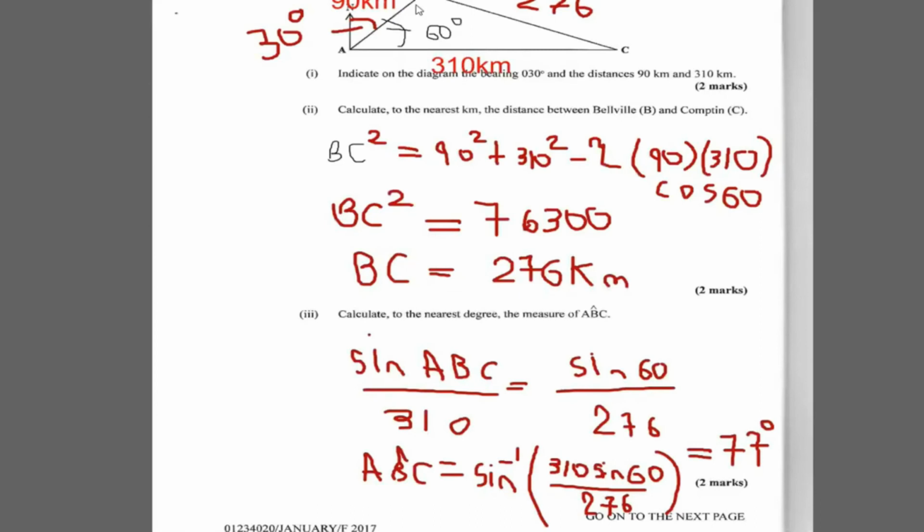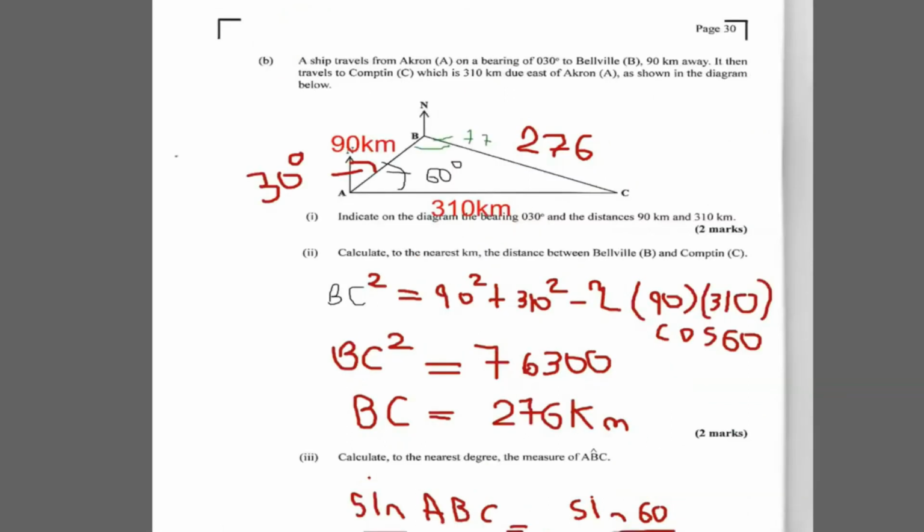Then it says determine the bearing of Compton from Belleville. So I'm going to put it on the diagram now. This angle is 77. They want the bearing of C from B. Now I always like to split it.